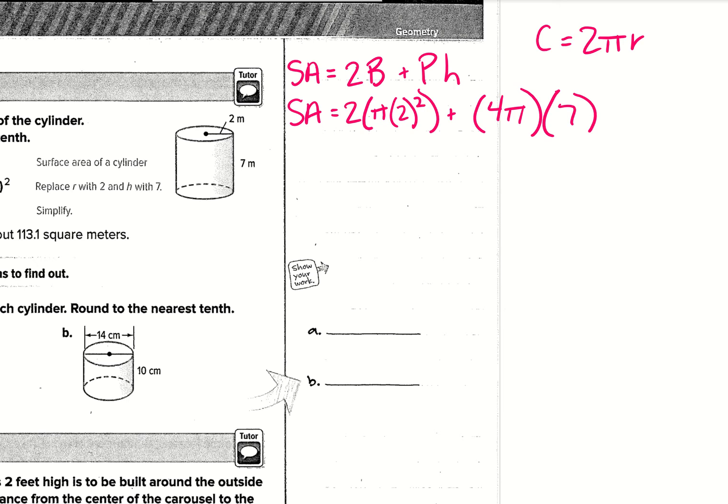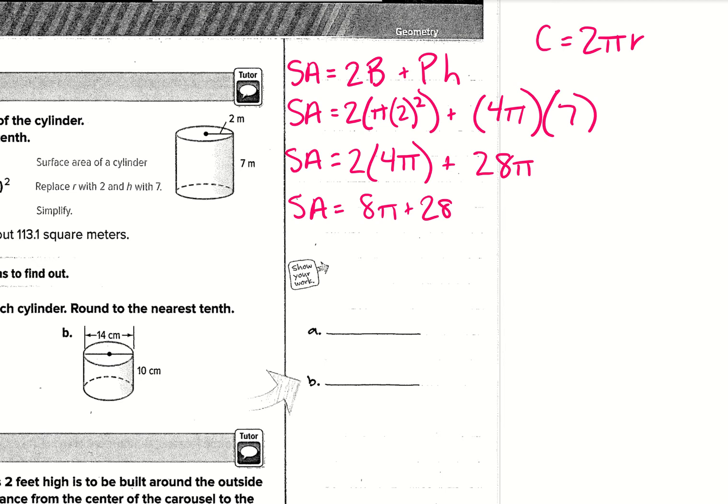Now you want to go ahead and plug this all into your calculator. And actually, if you want, you can simplify it to here, what I've got, and then keep going. So we have 8 pi plus 28 pi, and then you can even add those together. So we will have 28 plus 8, which is 36 pi.